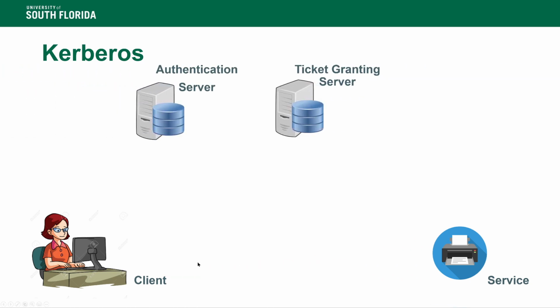Now, the server is in fact two servers, an authentication server and what's called a ticket granting server. In this situation, the client shares a key with the authentication server. Then the ticket granting server shares a key with the authentication server, and the ticket granting server also shares a key with the service.